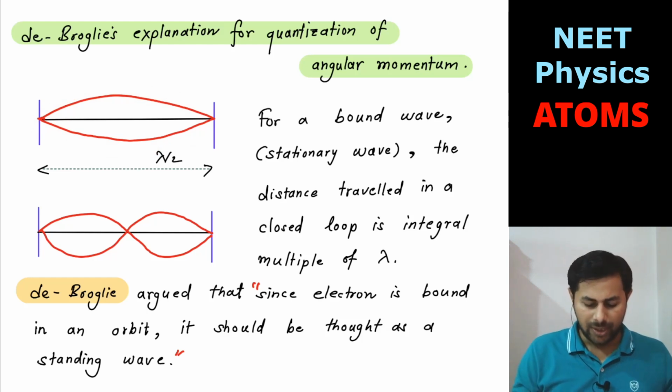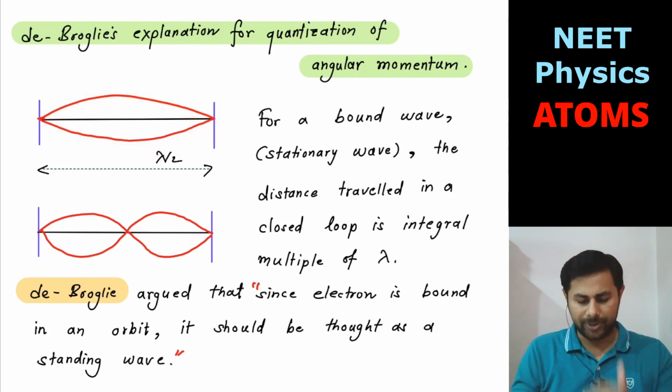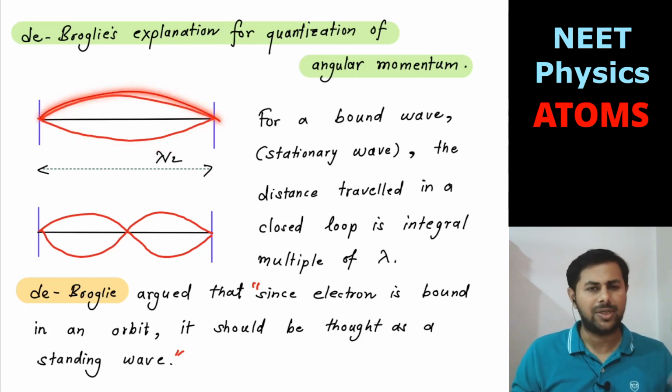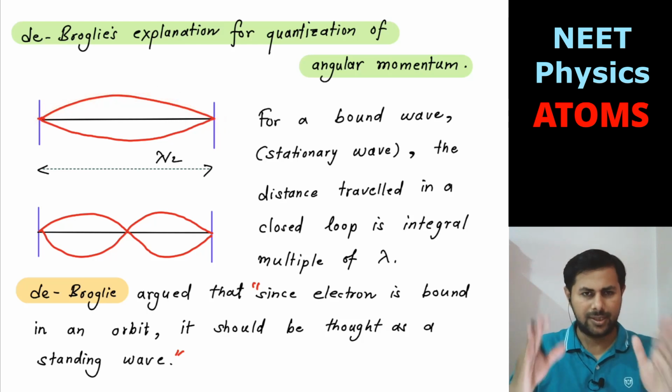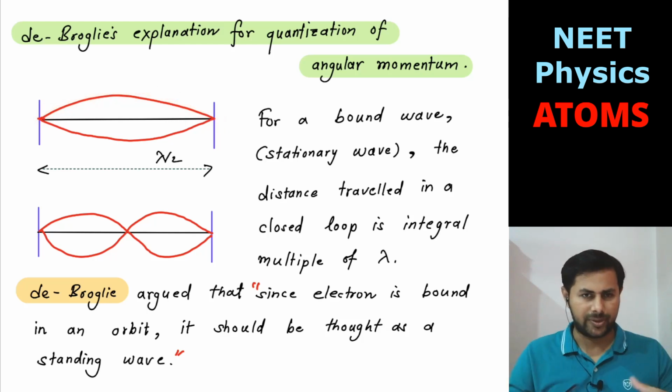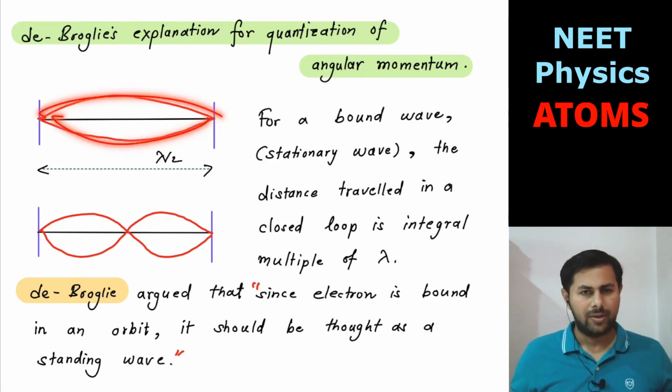Waves going from here to there and coming back are waves traveling in opposite directions. So they form stationary waves and the string vibrates forming loops. We had seen this in stationary waves.